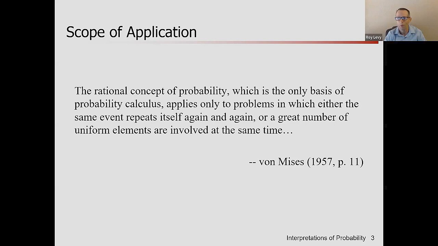Von Mises wrote, the rational concept of probability, which is the only basis of probability calculus, applies only to problems in which either the same event repeats itself again and again, or a great number of uniform, that is, same elements are involved at the same time. So something repeating over and over again, or a great number of the same or uniform elements.